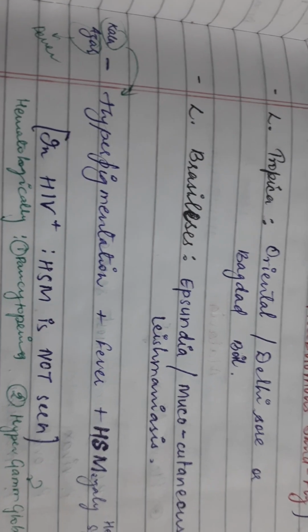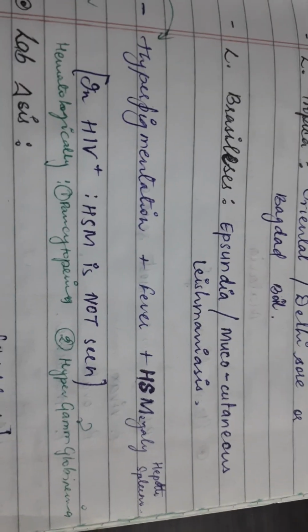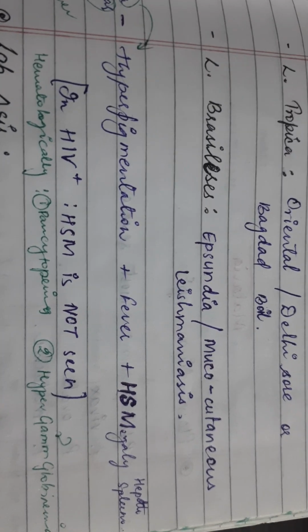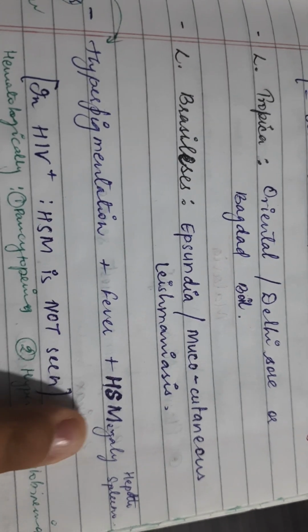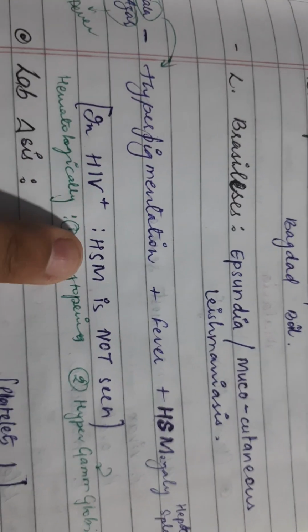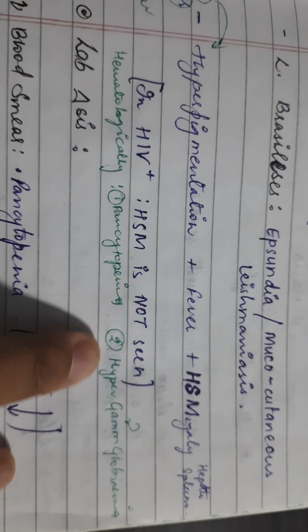Then hyperpigmentation, fever, and hepatosplenomegaly are seen in Kala Azar. The triad of Kala Azar is hyperpigmentation, fever (Kala Azar means black fever), and hepatosplenomegaly. In HIV, hepatosplenomegaly is not seen. Hematologically, pancytopenia is seen.